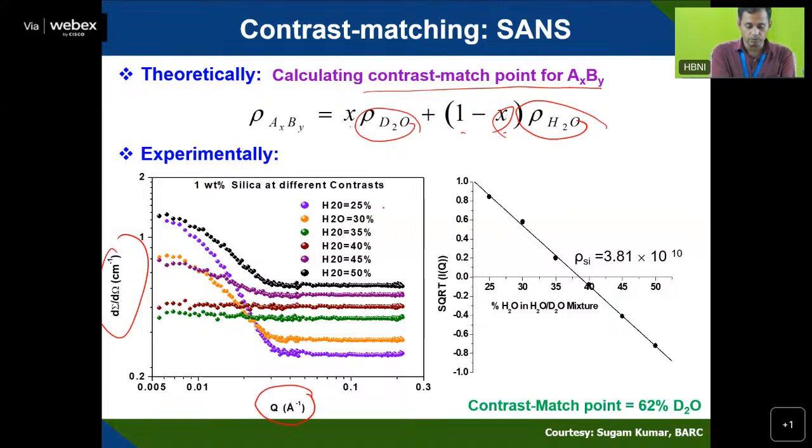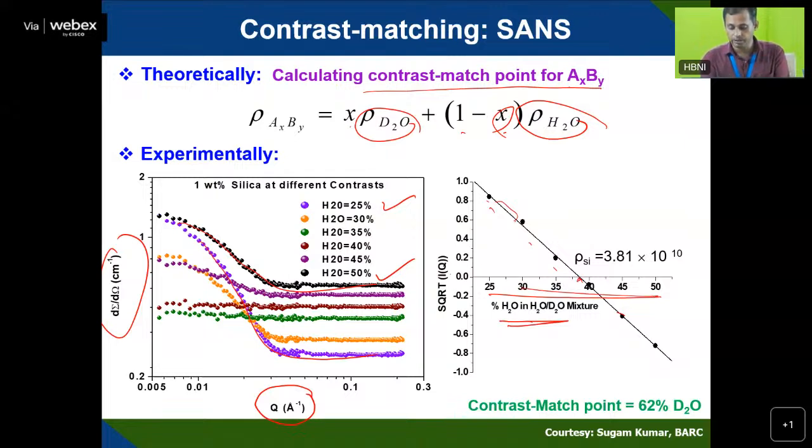You can see water 25% and water 50% here. This is the water at 50%, and here we have the scattering of water 25%. If you calculate the square root of the intensity I(Q) against the ratio of water to D2O in the mixture, you can see how I(Q) varies with the water content in the D2O mixture.